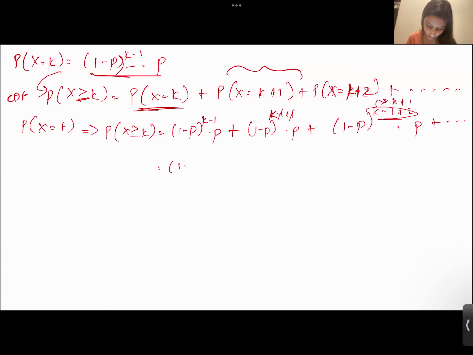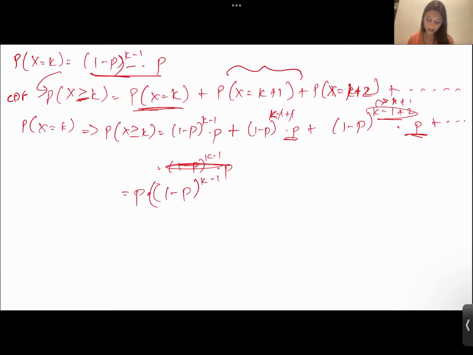So now what do you have? (1 − p) to the power k minus 1 into p. In all of these, you have this whole thing as a common factor: p and (1 − p) to the power k minus 1.